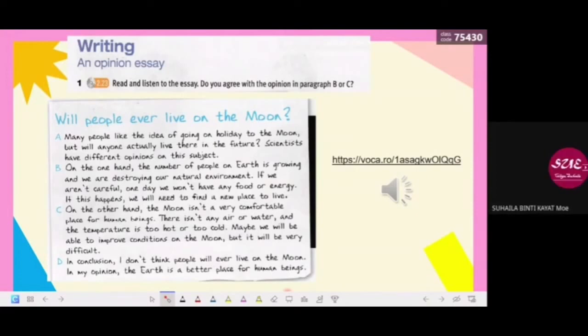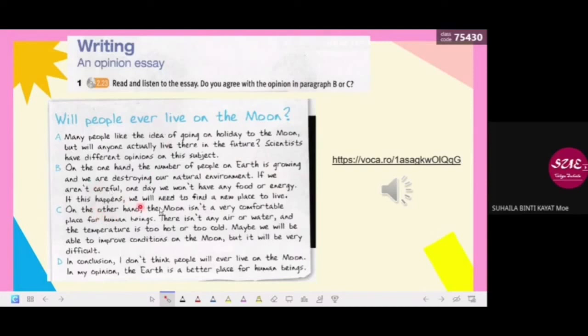C. Apa ni? A, B, C, D. Satu lagi D. Yang lain? C. Okay. Faham kan? Soalan tanya which paragraph give reasons why people probably won't live on the moon.